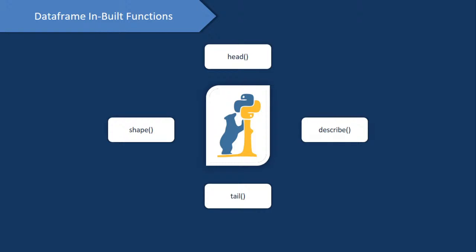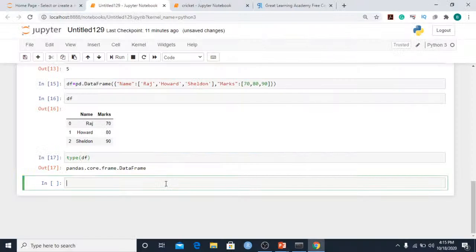Now let's see some methods on top of this data frame. What we've done is we've created a data frame, but mostly in Python, if you have to work with some inbuilt CSV files or inbuilt tables, you can directly read them using this pandas library.